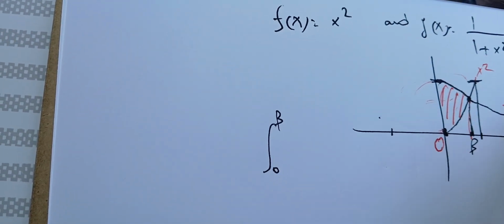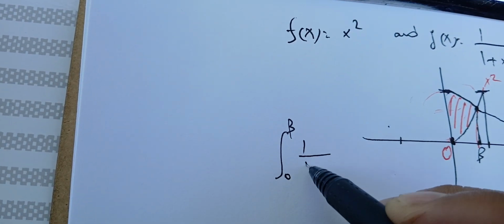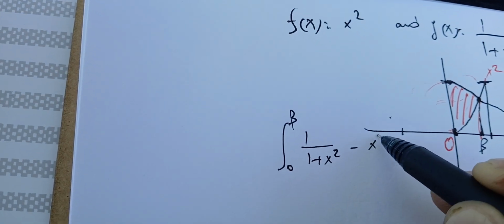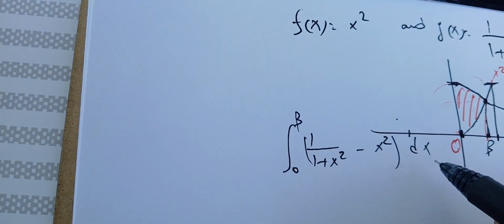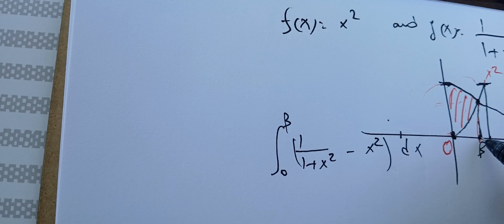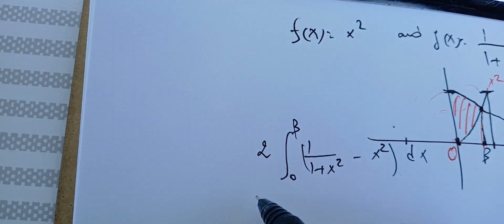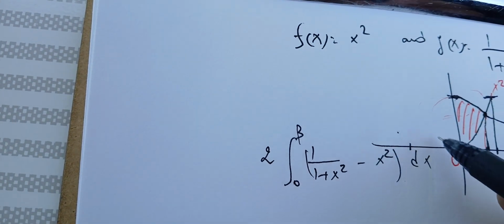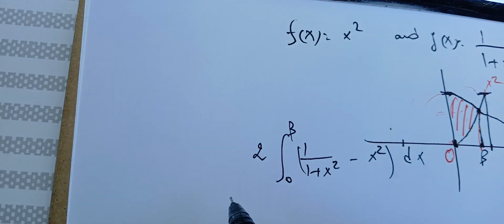So it's 1 over 1 plus x squared minus x squared dx between 0 and beta. But I need to multiply that by 2 because when I draw the other part, it's going to be symmetric.